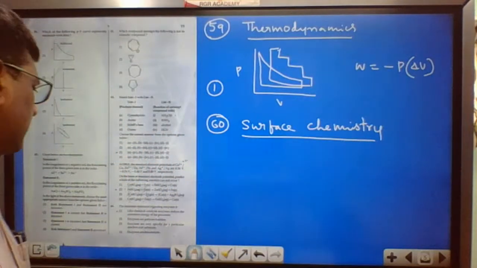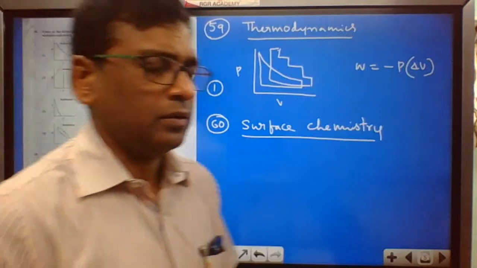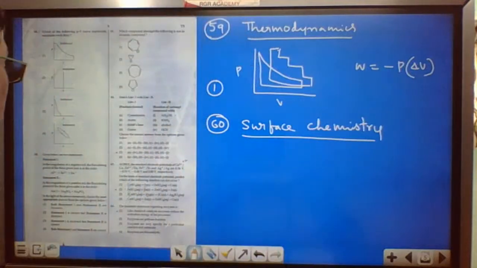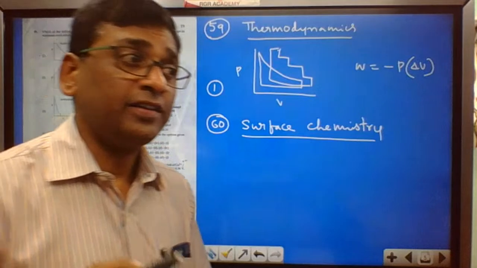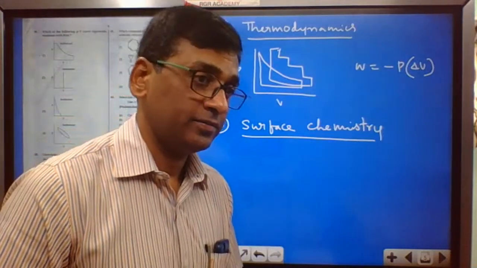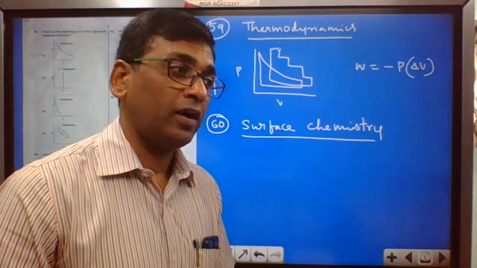For positive colloids, the charge on the anion should be high for high coagulating power.